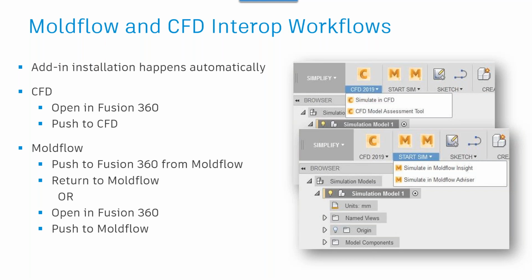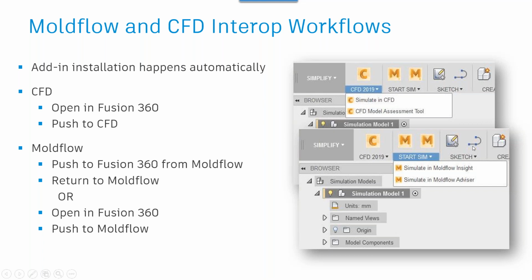With Simplify, we have also added the capability to connect with our specialized products like CFD and Moldflow. A lot of our CFD and Moldflow users actually use Fusion 360 for simplification of their models, as well as to run some structural analysis if they want to on their models. So when you have Moldflow or CFD installed on your machine, the add-in that connects Moldflow or CFD to Fusion 360 is automatically installed.